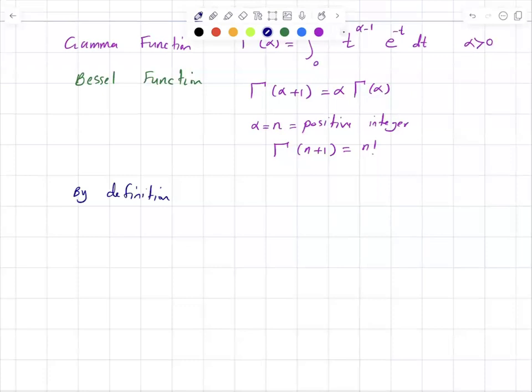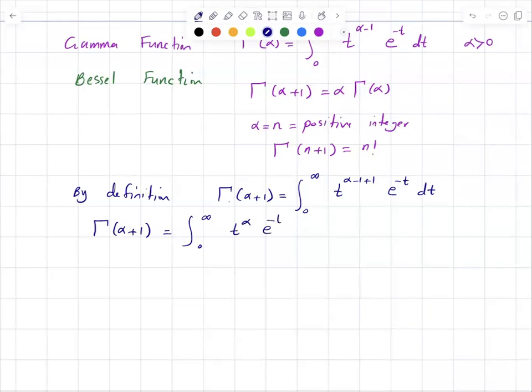By definition, the gamma of alpha plus 1 is equal to the improper integral from 0 to infinity of t to power alpha minus 1 plus 1 e to power negative t dt. So the gamma of alpha plus 1 is the improper integral from 0 to infinity of t to power alpha e to power negative t dt.